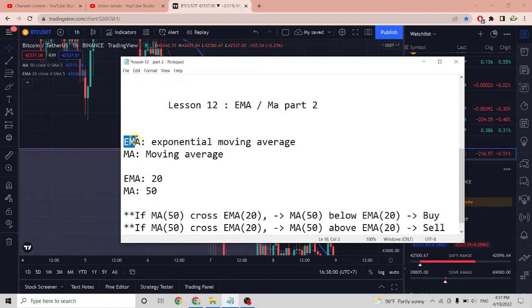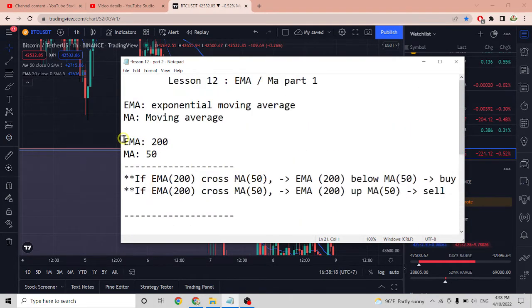EMA is exponential moving average and MA is moving average. Today we set EMA 20 and MA 50. So what is the difference between EMA 20, MA 50, and EMA 200, MA 50?